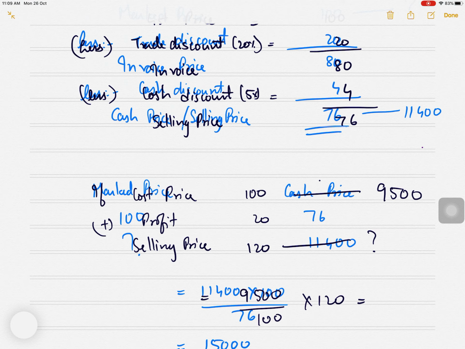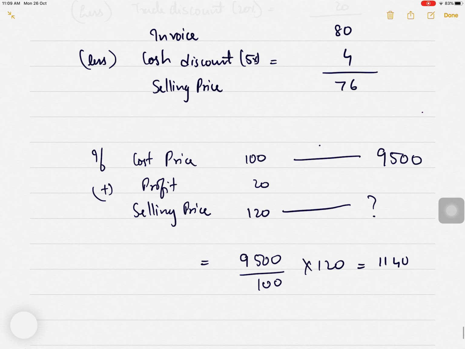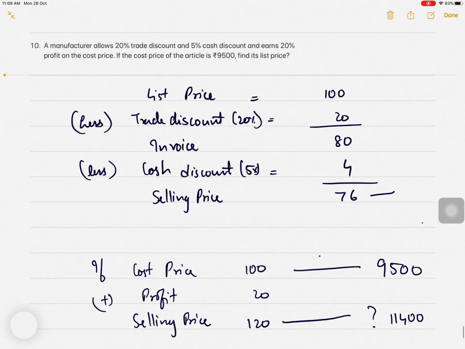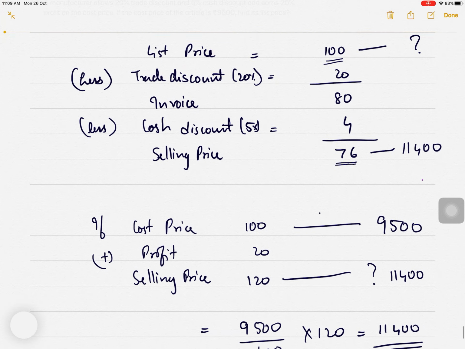Okay. So selling price is 11,400. If selling price is 11,400, how much is the list price? You have to find the list price. Now, when list price is 100, selling price is 76, and selling price is 11,400. So, how much is the list price?